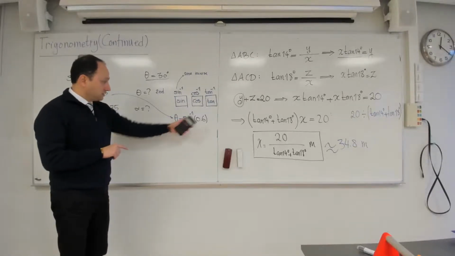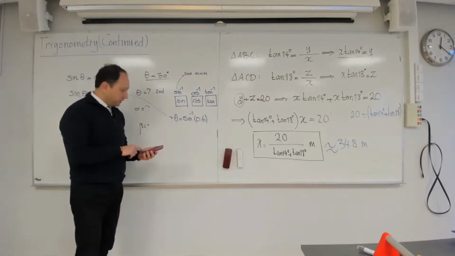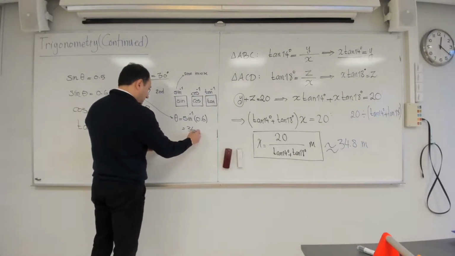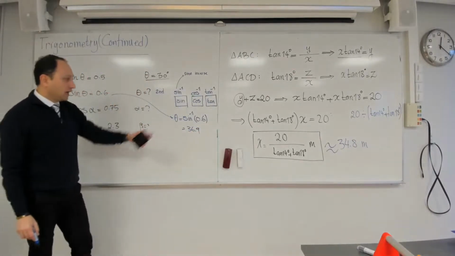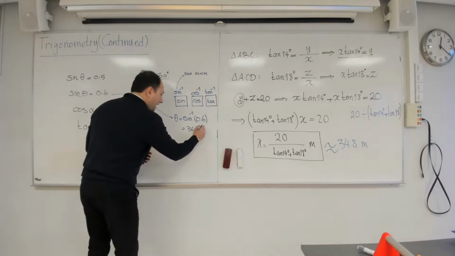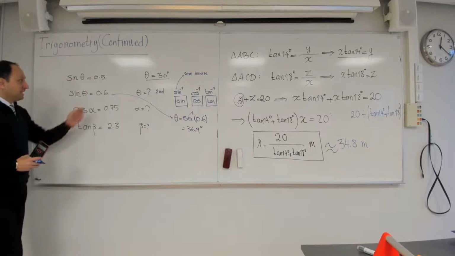If I want to answer this up to 1 decimal point, I can write shift sine, and then 0.6 and then execute. This gives me 36.86. So if I round it up, it becomes 36.9. If I have switched my calculator into degree mode, this answer will be in degrees. So you see, it's a little bit bigger.